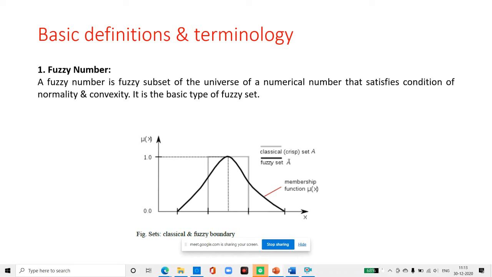So naturally our communications are imprecise, whether we are talking about the height of a particular person or today's temperature. We do not find the exact answer.